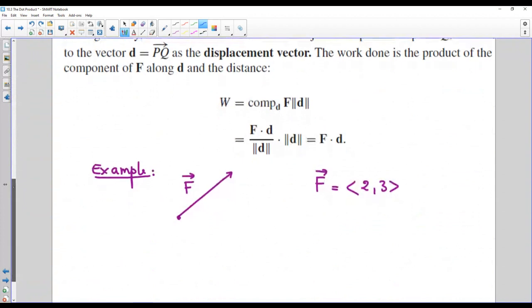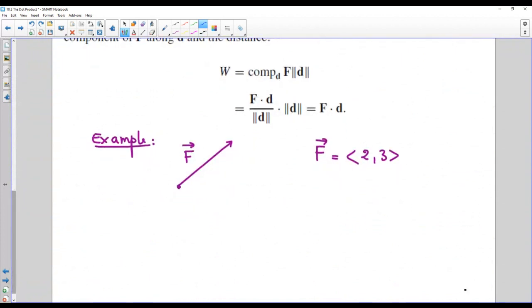Okay, what I was going to do was an example like this. We have a force F like that, and we have a direction D, which goes from the point 1, 2 to the point 4, minus 5.